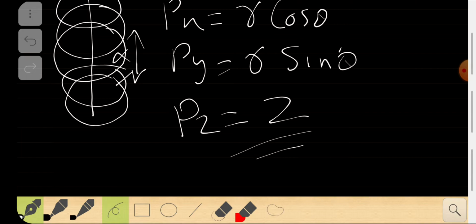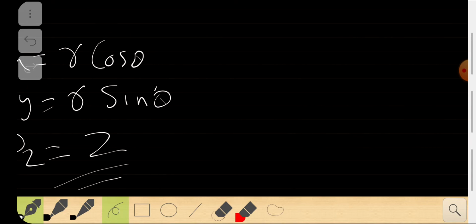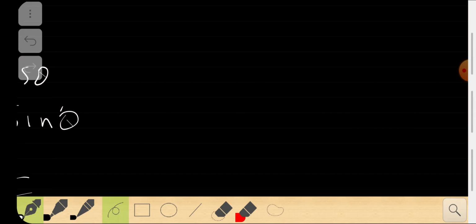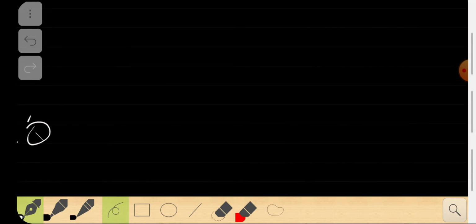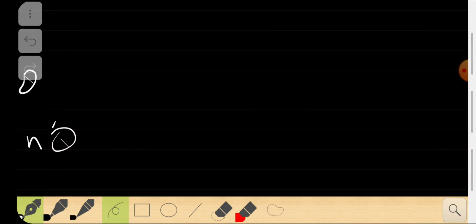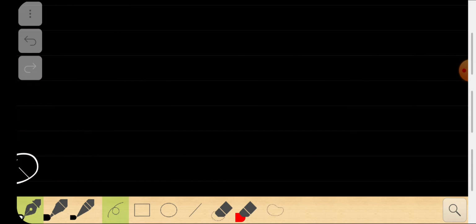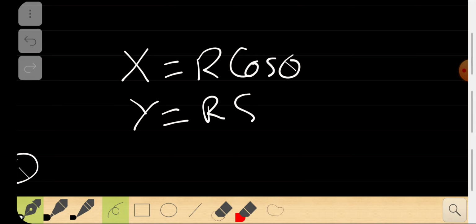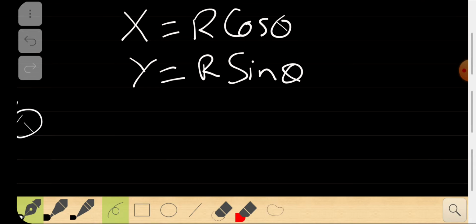Now a key aspect of both these systems is this. Let's calculate what P is. If you take the x component, x is equal to some r times cos theta, and the y component is r times sine theta. You can calculate r easily.